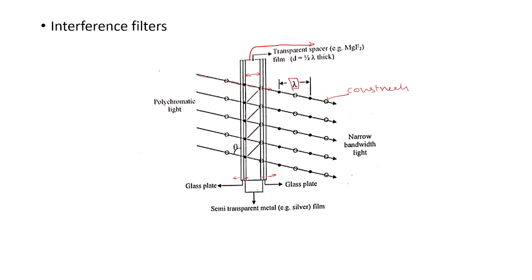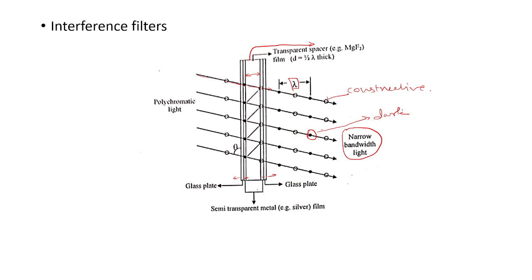Constructive means they don't destroy each other, so only this light will come out. Whereas the other light will undergo destructive interference, means they will cancel each other and form the dark points. Means this dark point will not come.